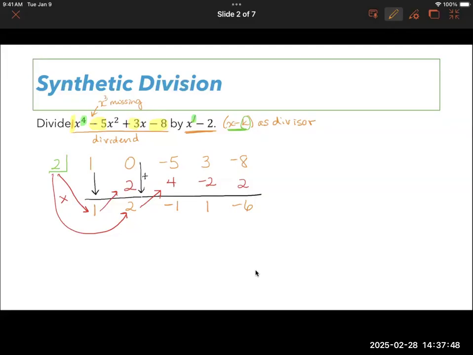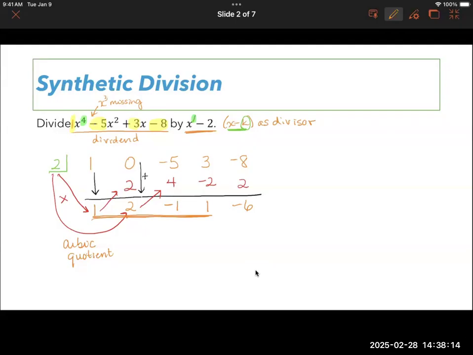So this result in this case is going to be a cubic result. Okay, and this is our quotient, the answer we get from division. These numbers will be the coefficients on that cubic polynomial.